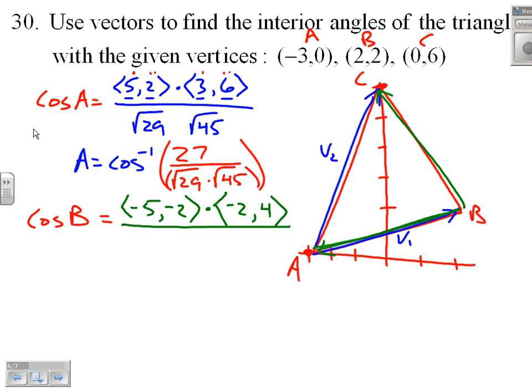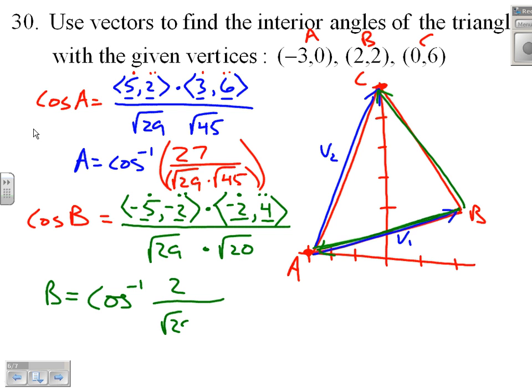On, let's do magnitudes, 25 and 4, 29, times 4 and 16, root 20. So angle B is equal to cosine inverse of, let's do this dot product in our head. That's 10 plus -8, 2 on root 29 times root 20.